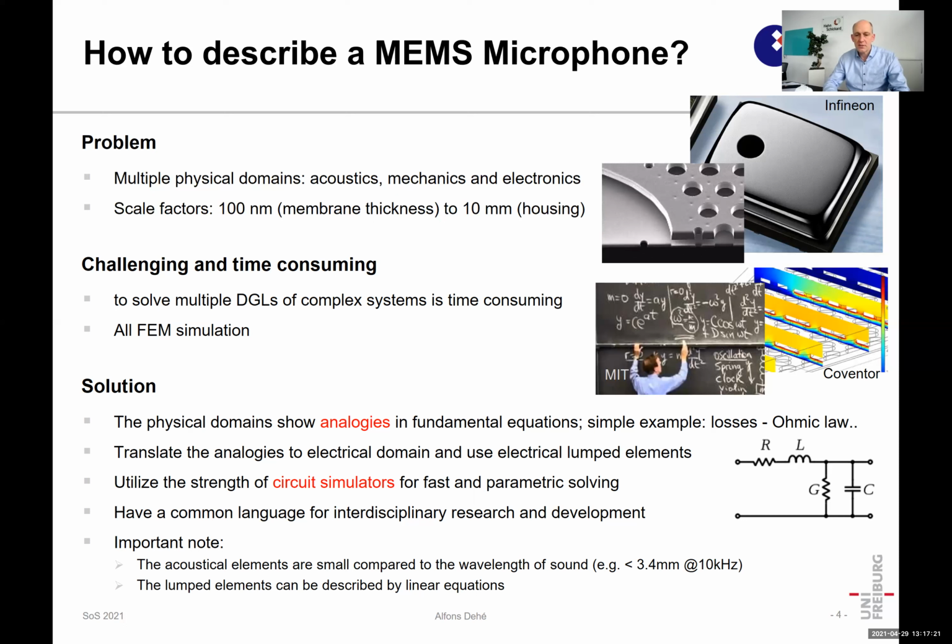So still somehow valid. And we have to keep in mind that we can describe only linear equations in this formulation. So whenever it is getting nonlinear or large signals, then we come to the limits, but we are on the sensor side. Sensors deal typically with small deflections, small signals, and this is quite a good situation.